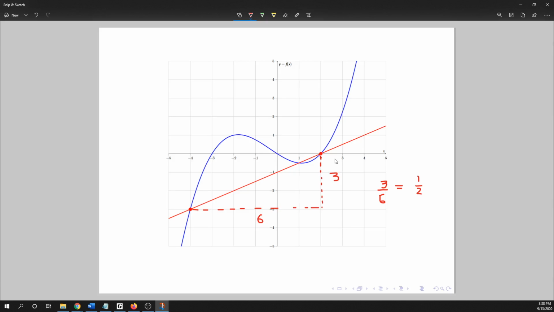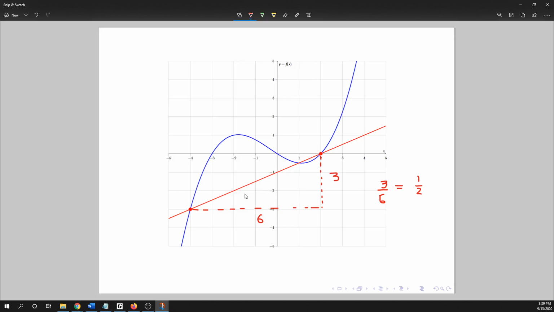That would be the average rate of change. The x coordinate changed by 6 and the y coordinate changed by 3. So it is related to the slope of the line, and kind of a generalization of that concept.